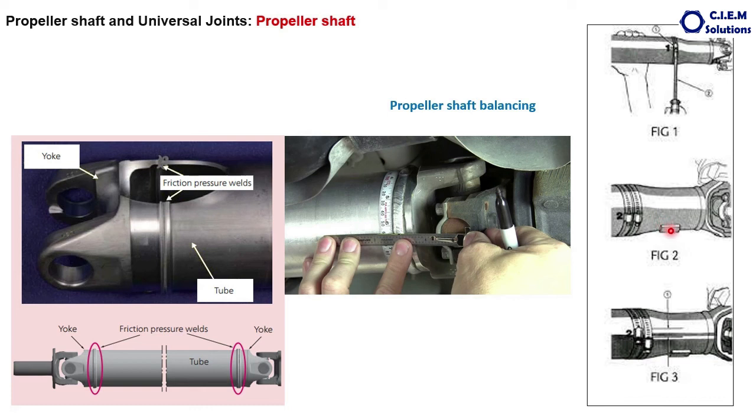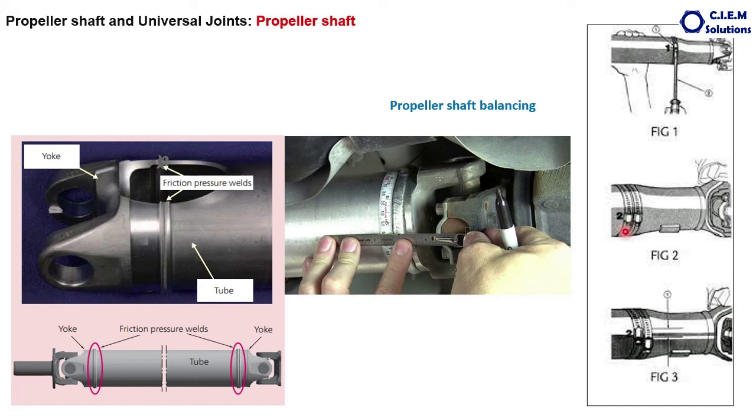But when we need to do the balancing in the field during servicing of the propeller shaft, there is another method available for some propeller shafts, but not for all propeller shafts. We can do this balancing with the help of these clips, because the clips will be at the screw place.